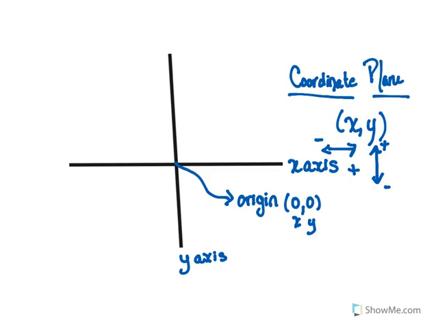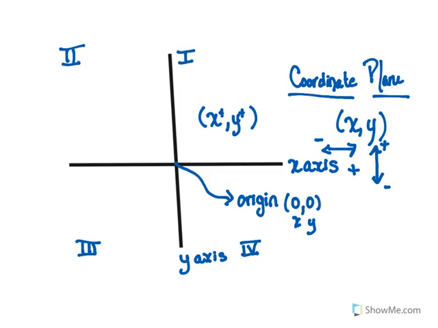Our coordinate plane is divided into 4 quadrants, which go counterclockwise. So this is quadrant 1, quadrant 2, quadrant 3, and quadrant 4. As a reminder, the x and y values are always positive in quadrant 1.